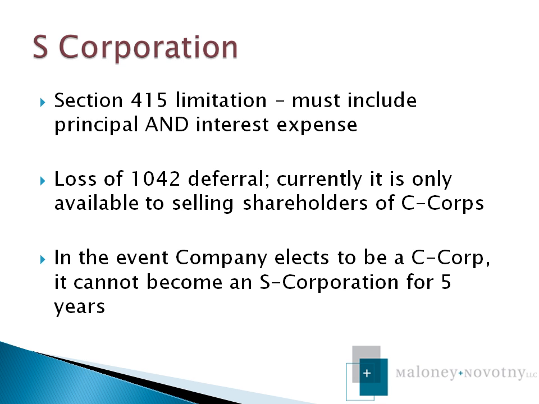Additionally, which we'll cover in a minute, there's a loss of Section 1042 deferral, and that's an advantage that the seller would have. Currently, it is only available to the selling shareholders of a C corporation. And sometimes you get into a situation where you have an existing S-Corp that wants to form an ESOP. The selling shareholders want to do this Section 1042 deferral, and in order to do that, it has to be a C Corp.